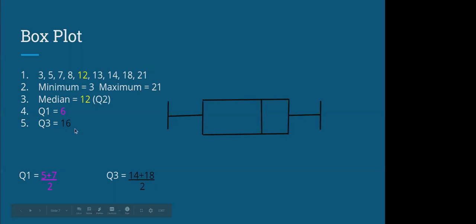When I was saying to you, if your median is closer to quartile 3, place it that way. So here is how it should have looked. 3 is your minimum. Quartile 1 is 6.